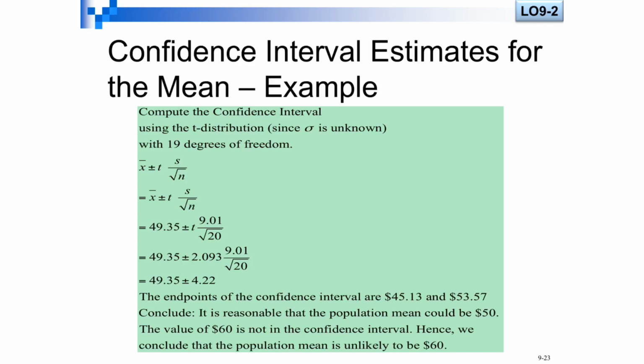We have a formula, we put everything in the formula, get the value from the t table, and we will reach the margin and see if the margin is in the area that they said, 50 or 60, is located close to the 50 or 60. And so we can conclude that it's reasonable that the population mean could be $50, right? The value of 60 is not in the confidence interval.